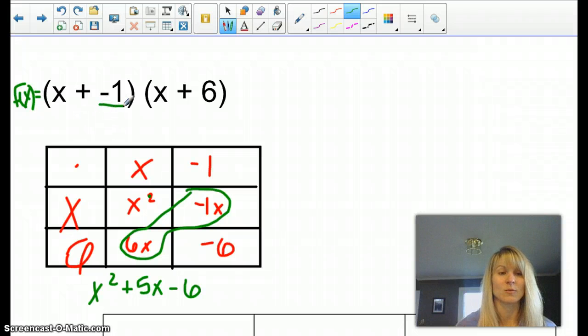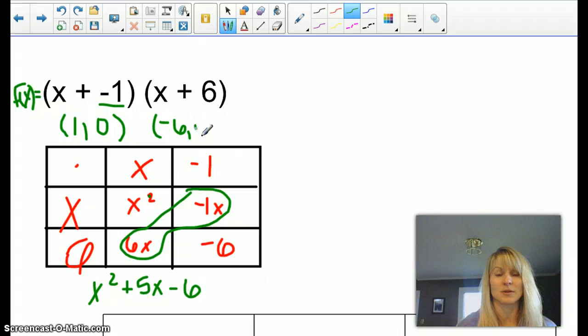Here is the R1, so it crosses the x-axis at 1, 0. Here is the root 2, or R2, and that would cross the x-axis at -6, 0. Remember, it's the opposite of the sign that is there. So we need to remember this is intercept form. This is standard form, and the constant tells you where it crosses the y-axis. So it crosses the y-axis at -6.